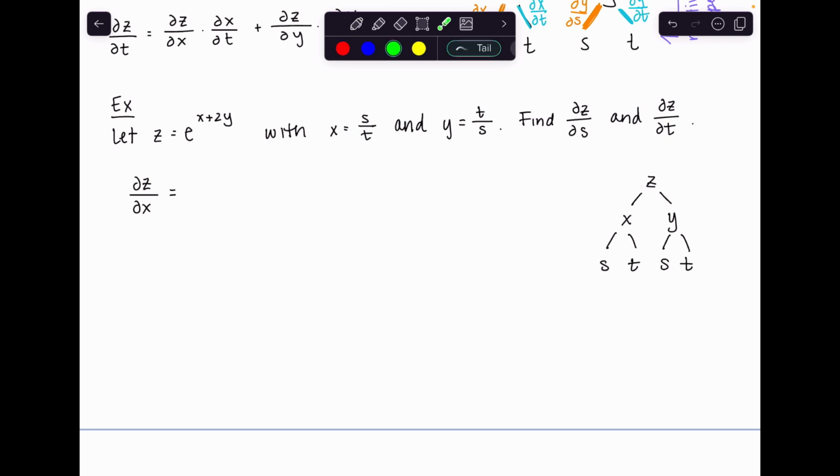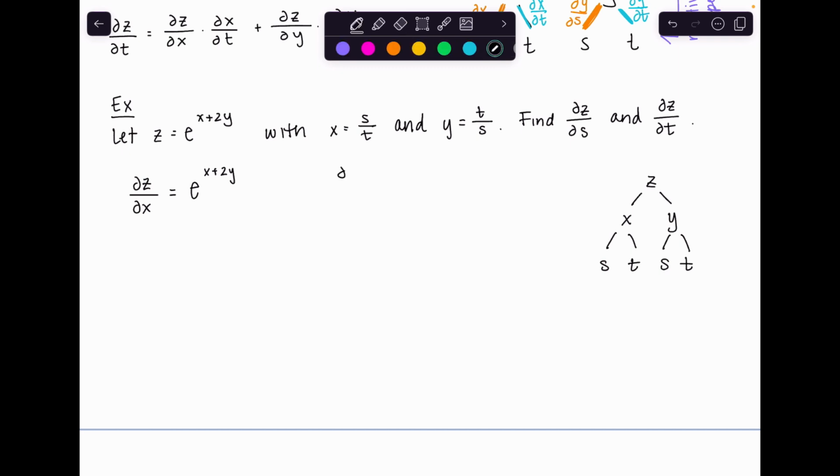Okay. So e to anything is e to anything. And then when I take the partial with respect to x of that exponent, it is really just 1. So I'm going to go ahead and just erase this.